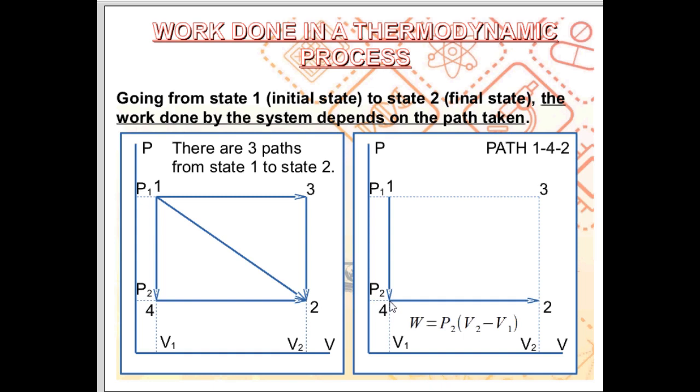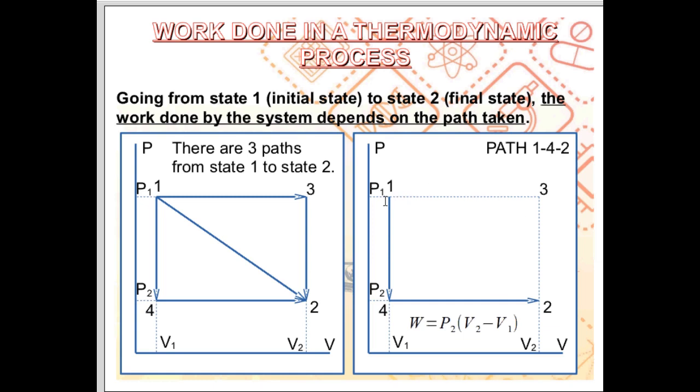Going now from state 4 to state 2, the final state, the volume changes from V1 to V2. The pressure is constant at P2. So constant pressure, we take the pressure P outside the integration. So we are simply integrating dV.